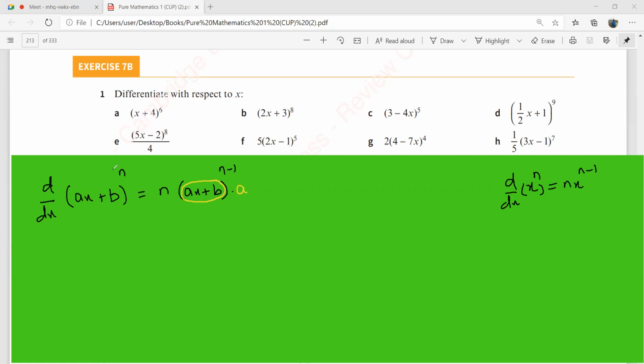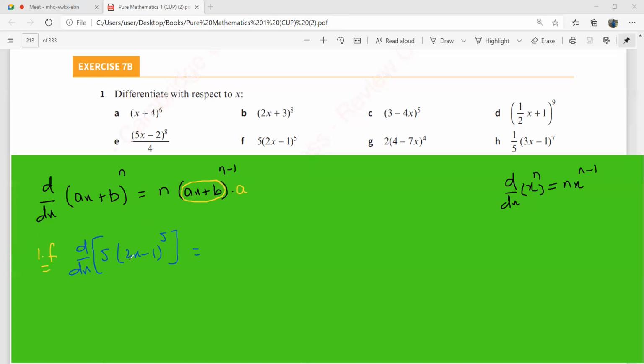Now, suppose you have this part f, and you want to differentiate this with respect to x. So we want to find d by dx of 5 into 2x minus 1 raised to power 5. So let me put these brackets around it.